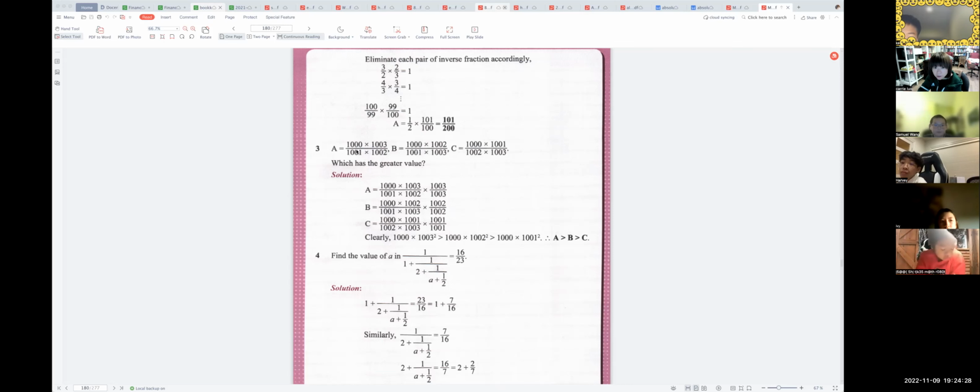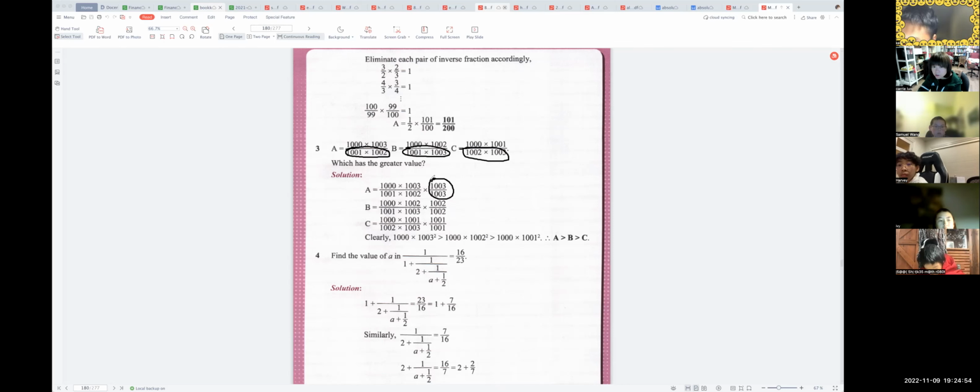So we know that these 3 denominators, 1001, 1002, and 1003, keep coming back into each other. So for this A, I'm going to multiply by this one. Why do I multiply by this one? Because by multiplying, I can make the denominator of A equal 1001 times 1002 times 1003.